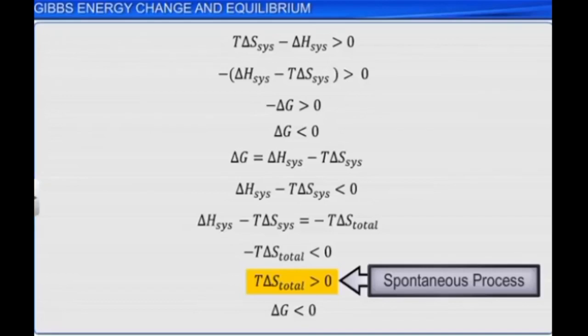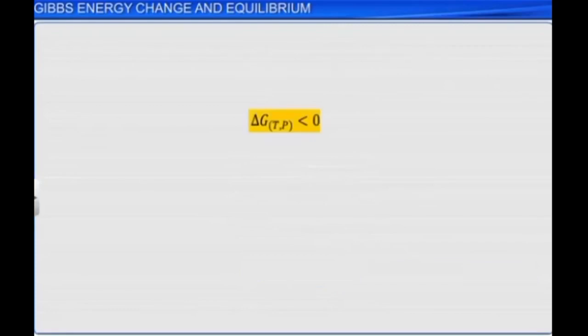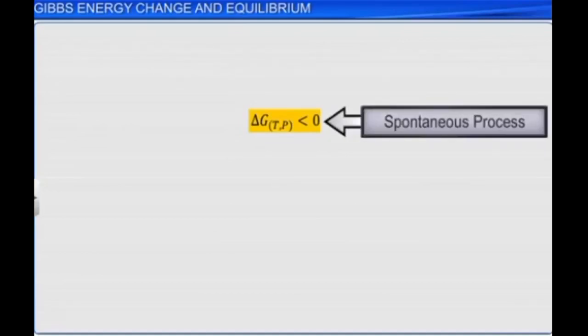Similarly, if delta G is positive, that is, greater than 0, then the process is non-spontaneous. And if delta G is equal to 0, the process is at equilibrium.